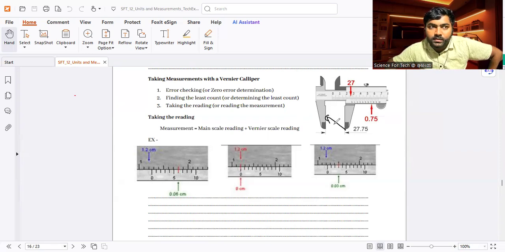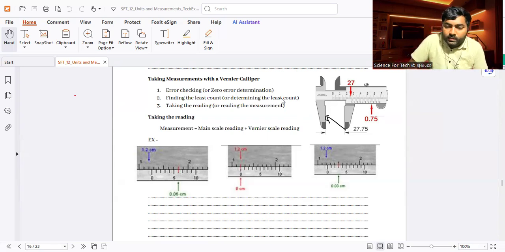When oxidization happens, a small layer is built in here and acts as a barrier, preventing these jaws from touching each other. Understood? Then what happens?